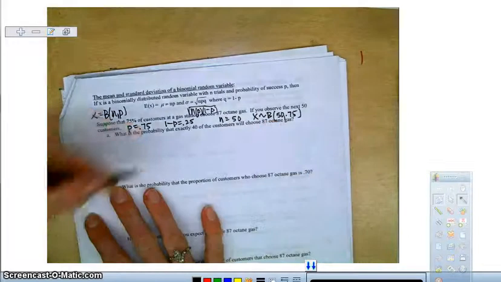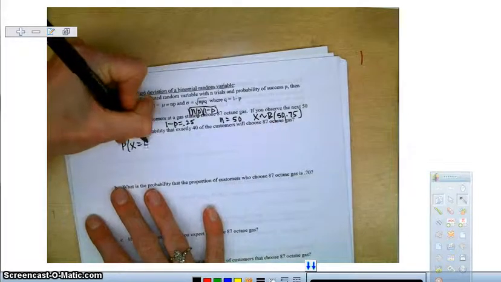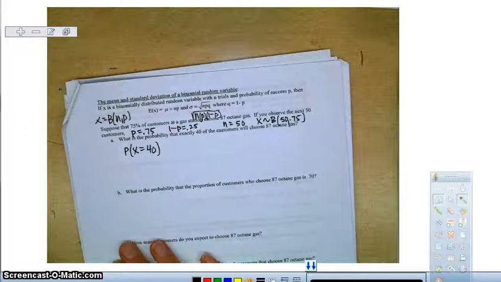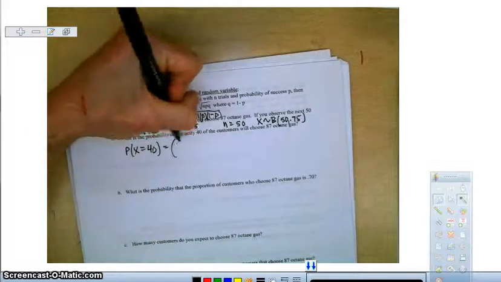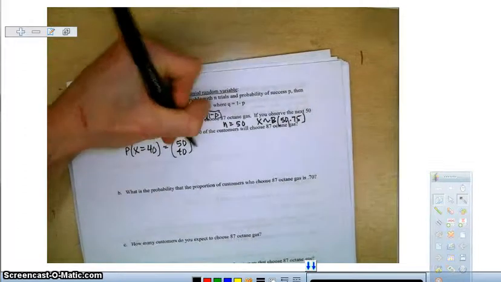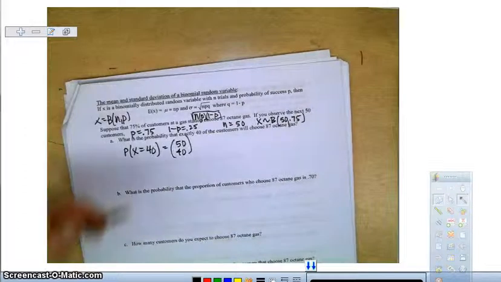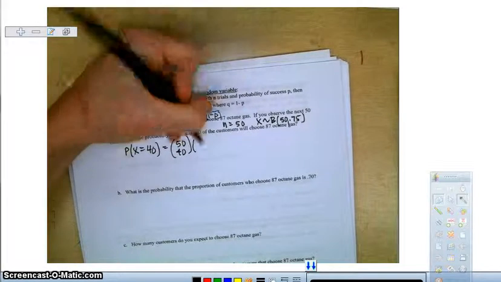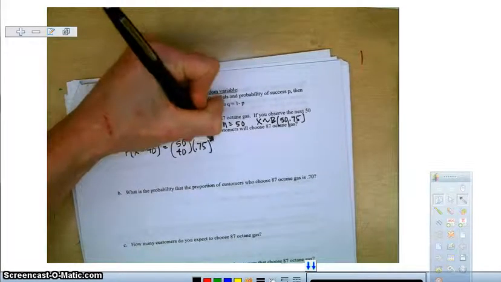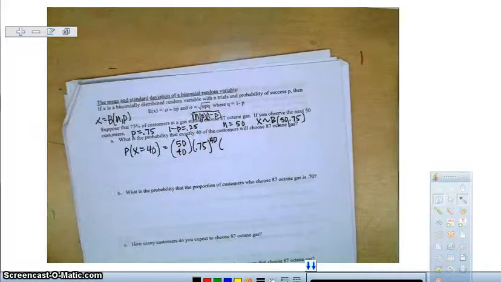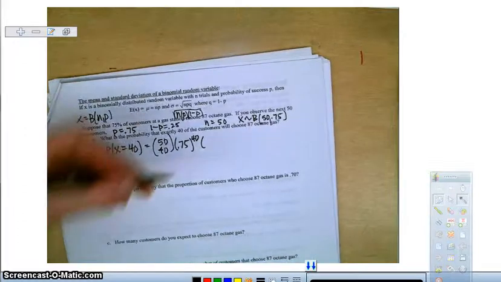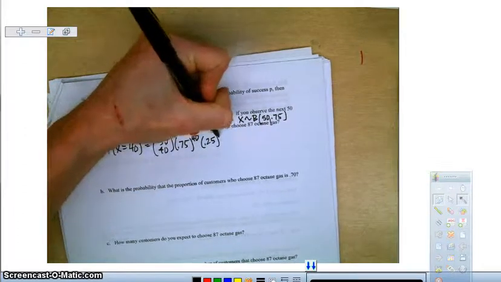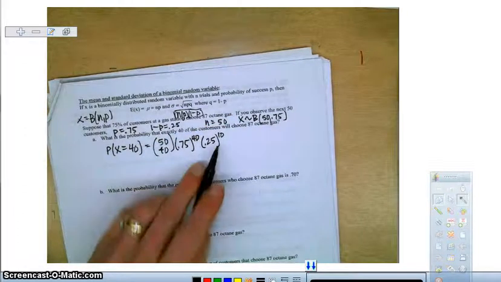And we want to know what is the probability that X equals 40 out of 50 by the gas. So that would be 50 choose 40. And that would be the probability of success, so 0.75 to the 40th power. And then 1 minus P, the probability of failure is 0.25 to the 10th power. Because 50 people, these two have to add up to 50.